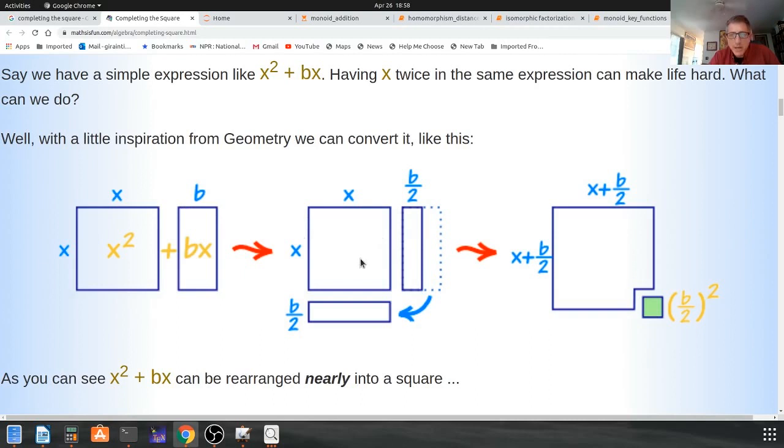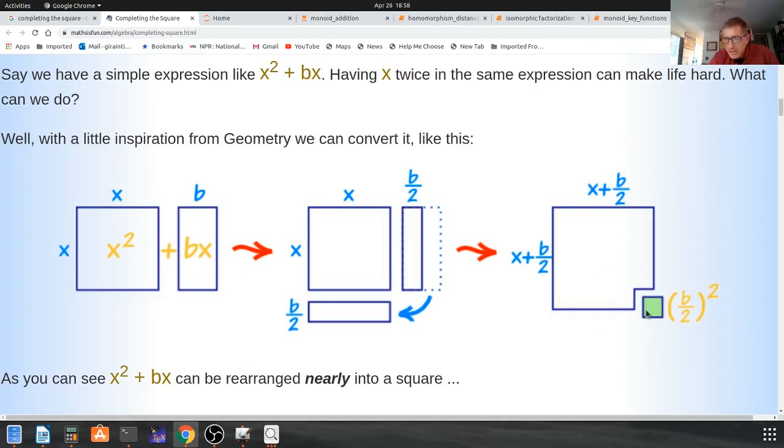So I've taken b halves times x, and I've just split it down and rearranged it. And the result is almost a square. This is x plus b halves, x plus b halves. That's the length here. So of course this is (x plus b halves) squared.